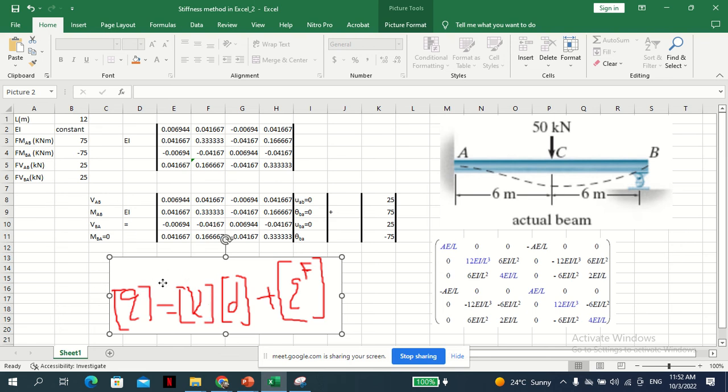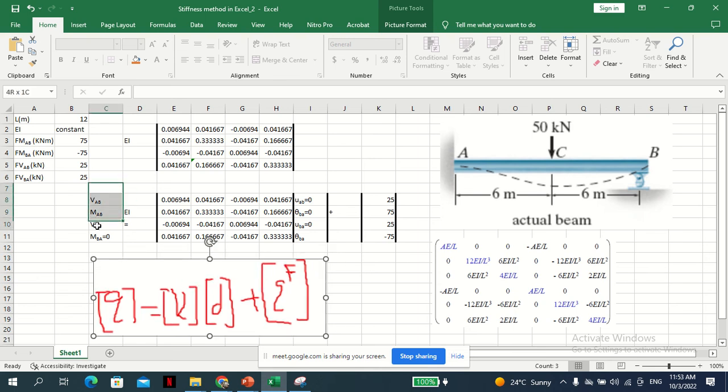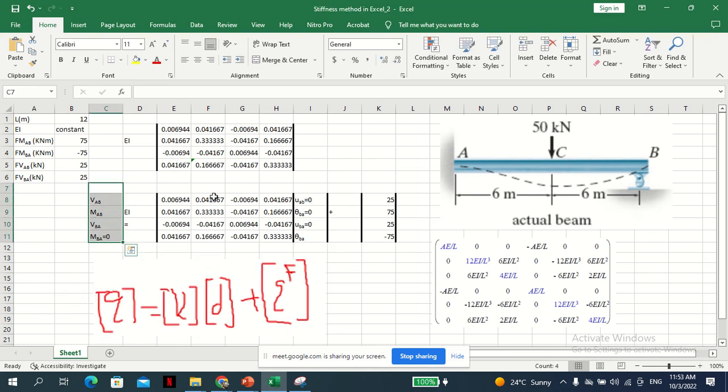So the Q matrix means, so this is the meaning. This is actually the arrangement. So this is the Q matrix, as you can see. This is the stiffness matrix, and this is the displacement matrix, and this is the fixed-ended matrix, which you have seen how we derived. Now you can see what those things mean.